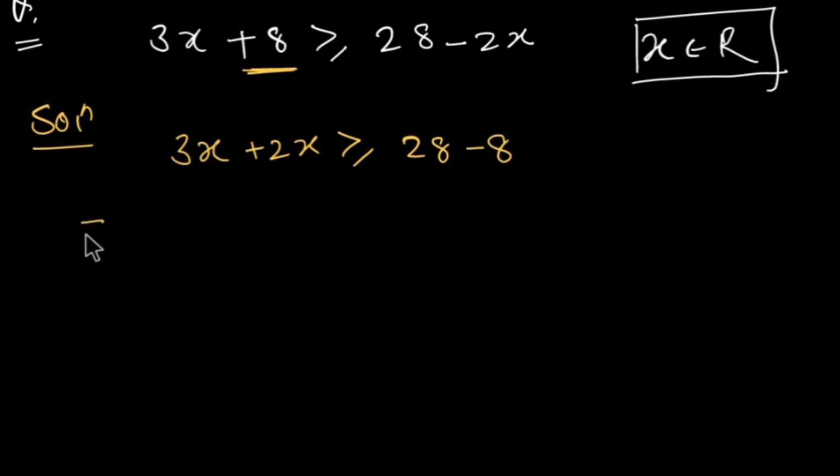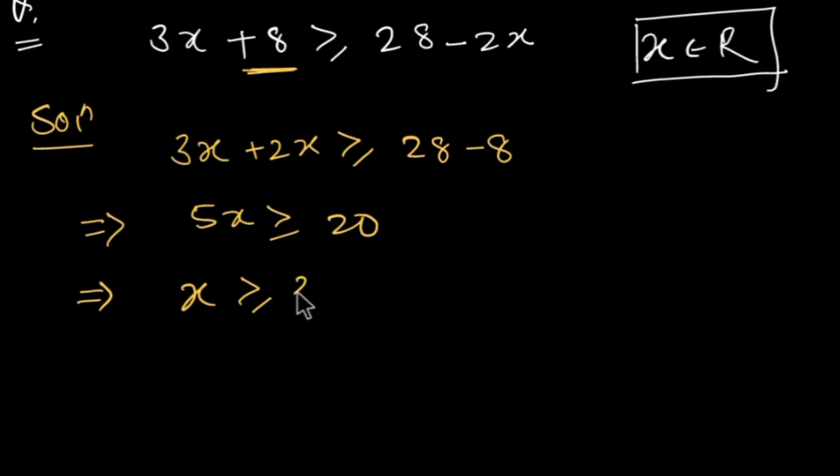So 3x plus 2x becomes 5x, greater than or equal to 28 minus 8, which is 20. Since the coefficient is positive, we don't need to multiply or divide by a negative number. So x is greater than or equal to 20 by 5, which is 4.